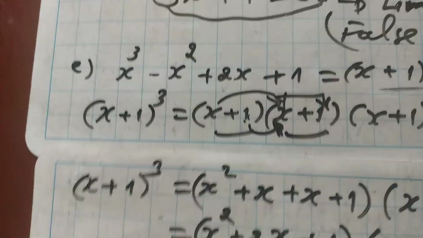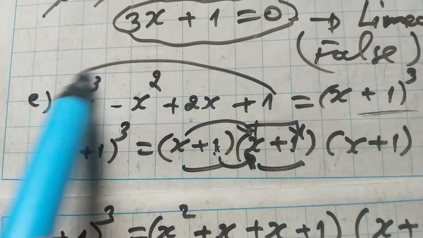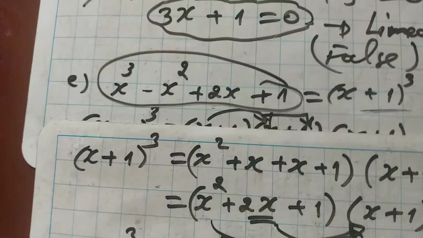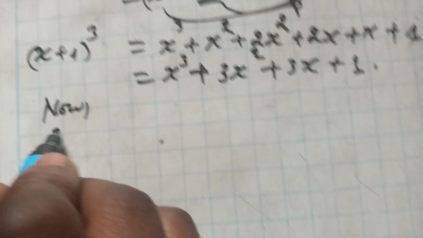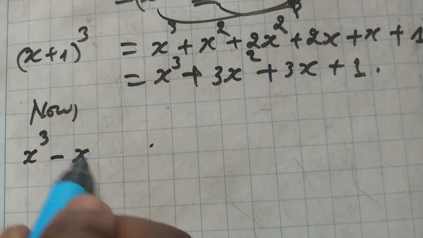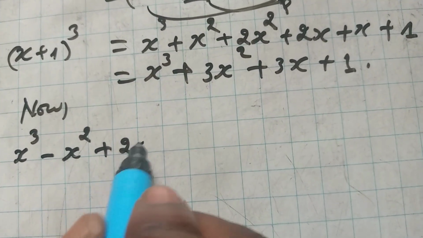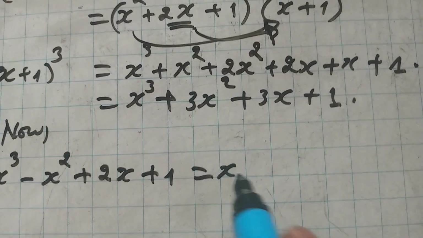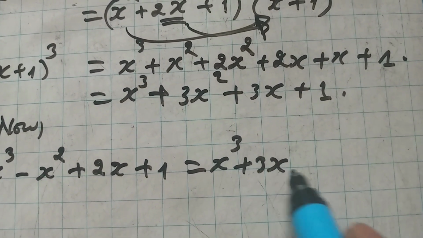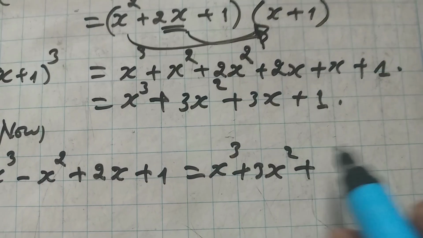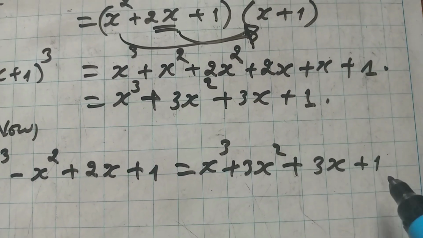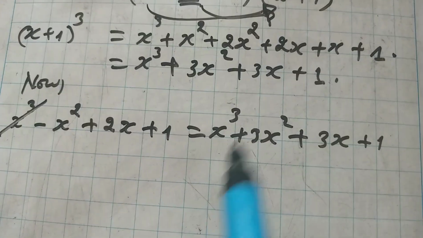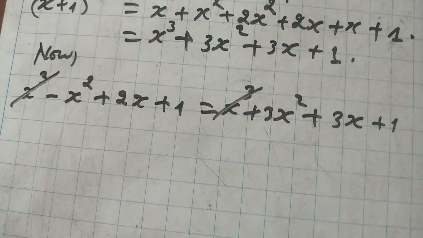And remember that here we have this expression. Now, x power 3 minus x squared plus 2x plus 1 is equal to x power 3 plus 3x squared plus 3x plus 1, like this one. You see, here you have x cubed, here you have another x cubed.